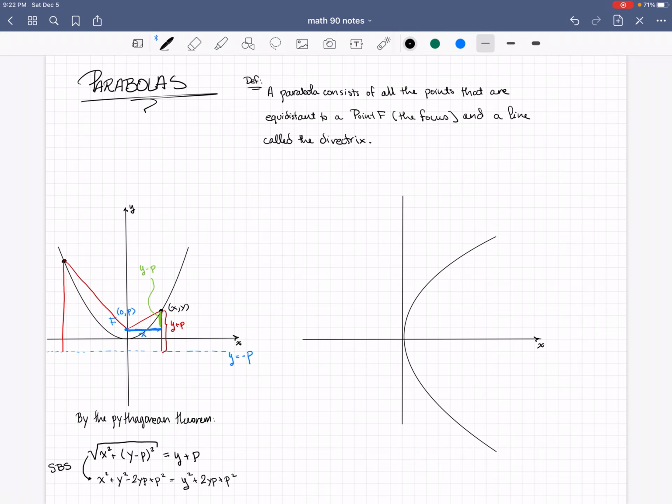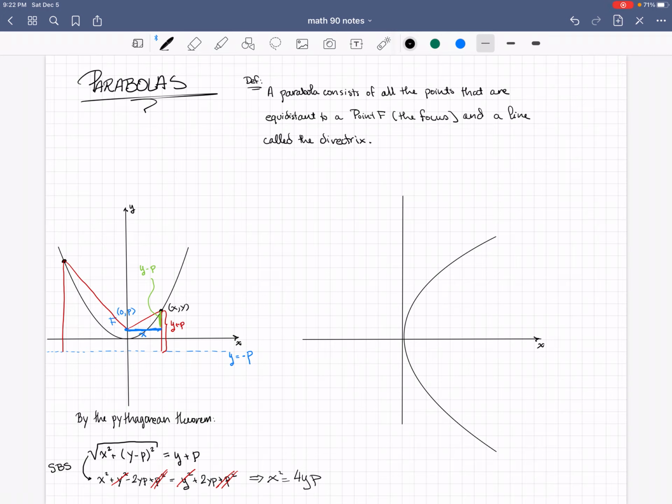Now check it out. I have y squared and p squared on both sides, so they just subtract off. Okay? And what I'm left with is x squared is equal to 4yp. Okay?